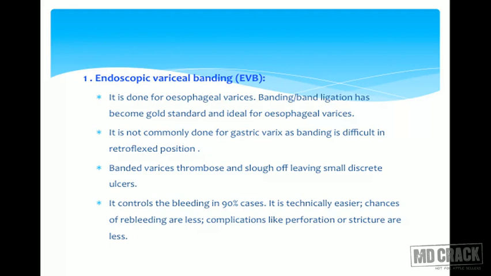It controls bleeding in 90% of the cases. It's technically easier, chances of rebleeding are less, and complications like perforation or stricture are less. If you are asked the choice of treatment for acute variceal bleeding, the first is pharmacotherapy. If pharmacotherapy doesn't control it, then you have to resort to endoscopic means, by sclerotherapy or banding.